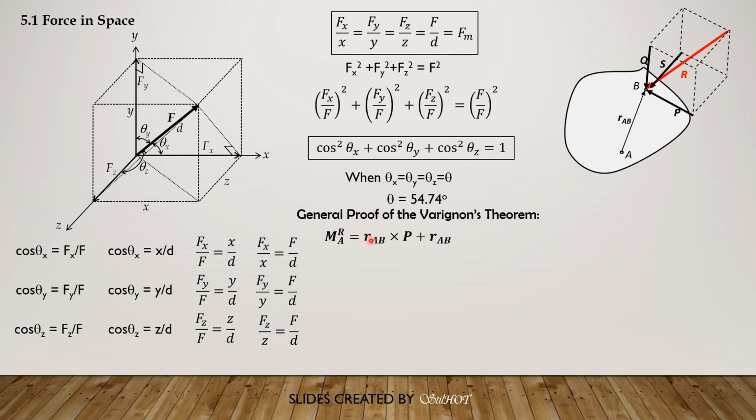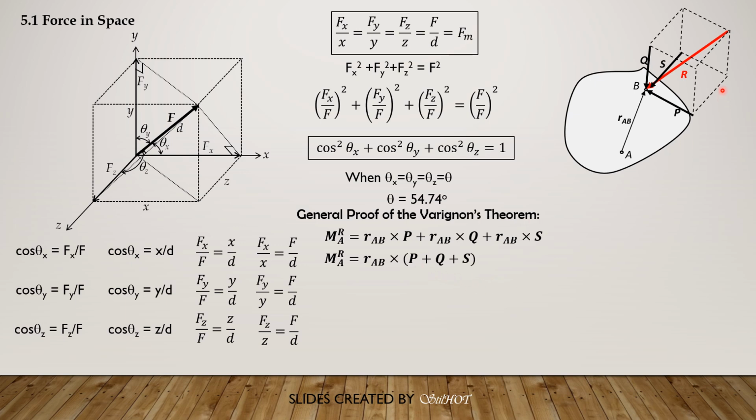So the moment of the resultant about A is equal to the sum of the moments of these components. So we have RAB cross P plus RAB cross Q plus RAB cross S. Factoring out RAB, then we have RAB cross the quantity P plus Q plus S.